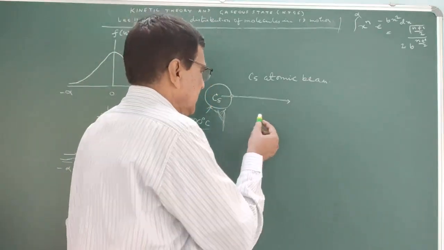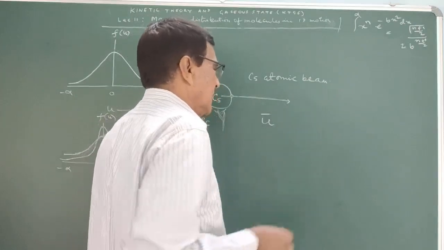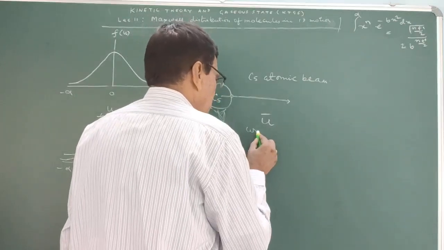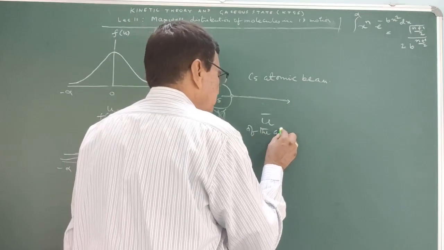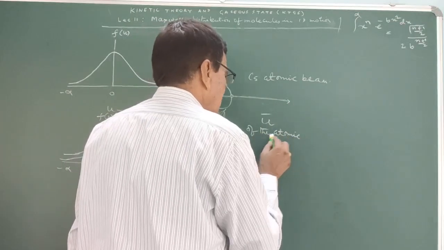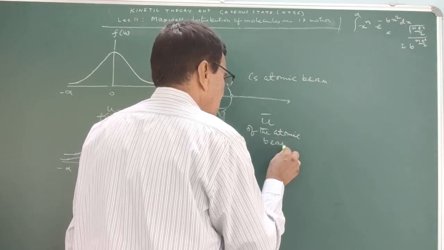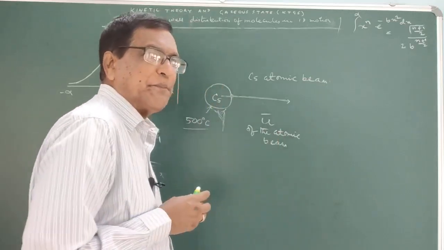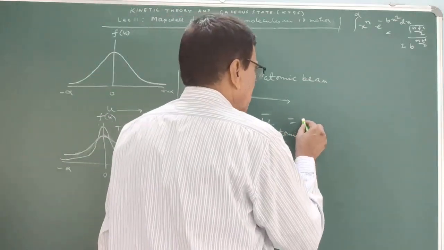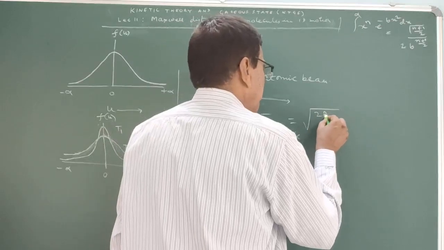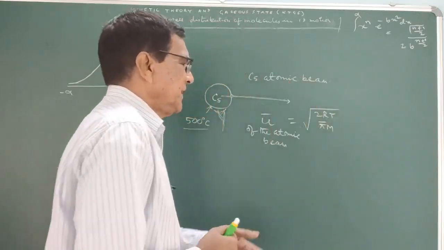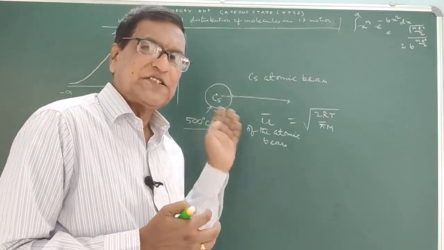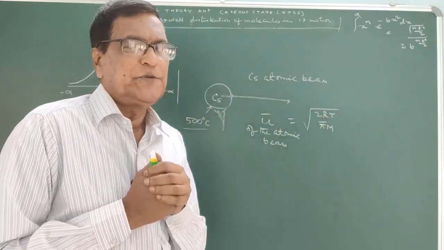So if we consider this U bar of the cesium atomic beam, then it will be equal to root over of twice RT by pi M. M is the atomic mass of this cesium, T the temperature, R the universal gas constant.